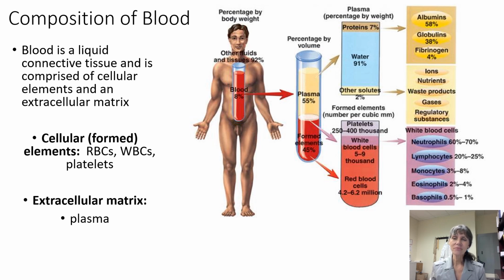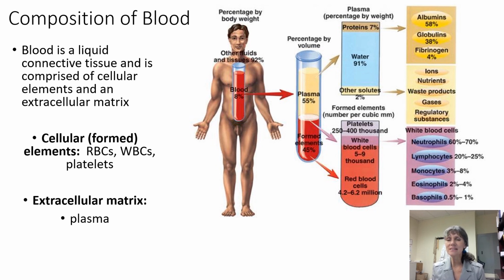And when we look at the plasma, there are other solutes in this fluid, including electrolytes like sodium and chloride and magnesium and potassium, and nutrients as well. And we also have waste products like urea in the plasma portion, dissolved gases like nitrogen, and other regulatory substances like hormones.